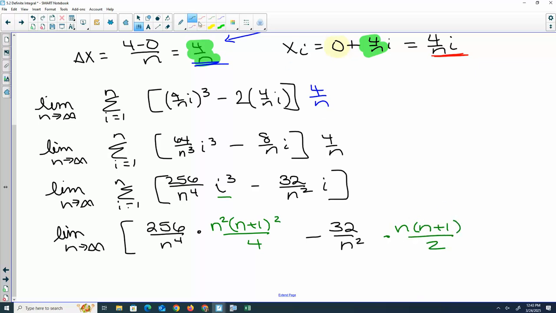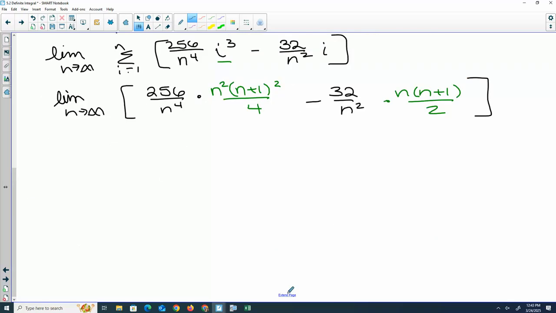Okay, so at this point, when you use the formulas, notice the summation is gone. I used my formula for how to add it up. Now, I definitely don't want to try to do my limit yet. We want to clean this up as much as we can. So 256 divided by 4 is 64.